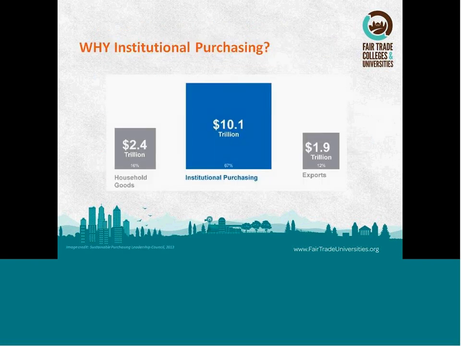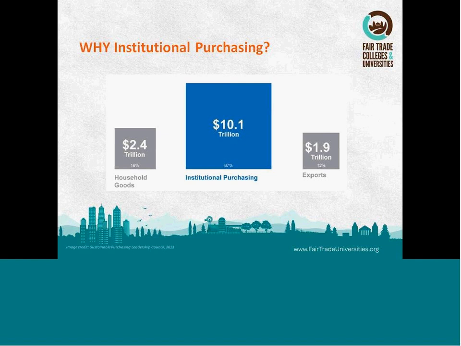So why does college and university purchasing matter? It's a good question. Fair Trade Campaigns has started to focus in on institutional purchasing, not only colleges and universities, but also cities, towns, and other large purchasers.